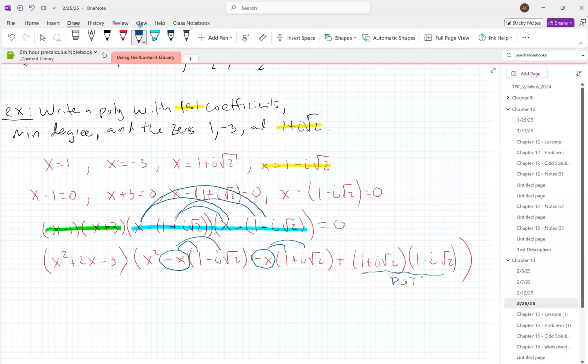That's like a difference of two squares, right? Like a minus b times a plus b. So I know that when I multiply that out, it's just going to be a squared minus b squared. I don't have to FOIL it. You could, you'll get the same result. But, you know, work smarter, not harder. You know what I mean?